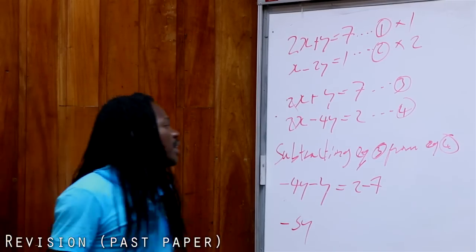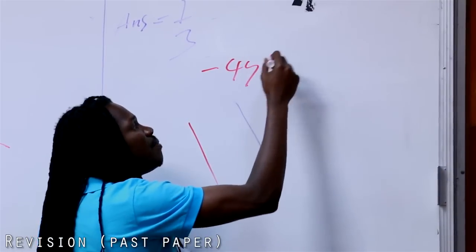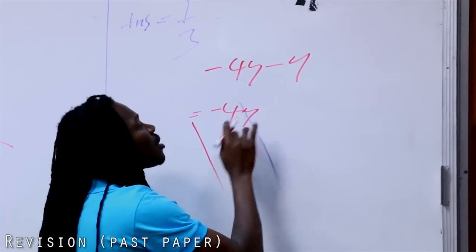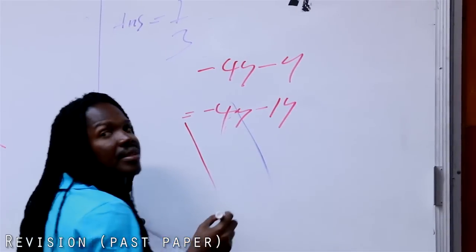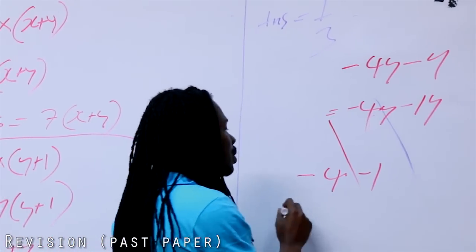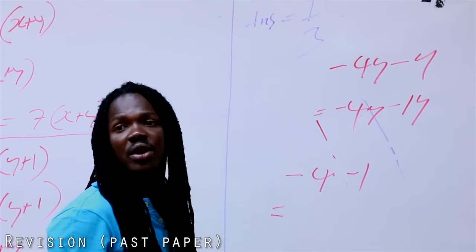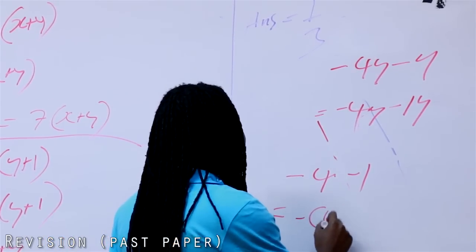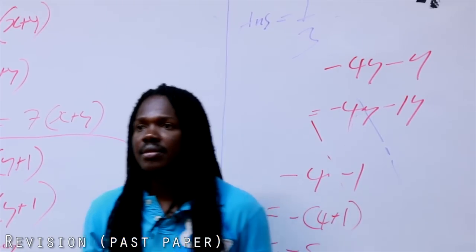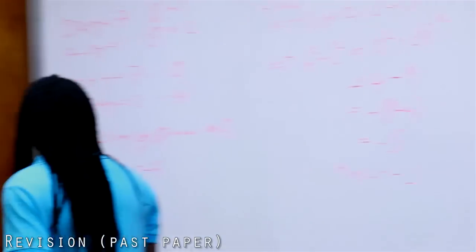All you have to do is minus 4y minus y is equal to minus 4y minus 1y. All you have to do is dash with the y and say minus 4 minus 1, which is equal to? When you have negative and negative, what do you do? You put the minus sign, bracket 4 plus 1 equal to minus 5. Logics.